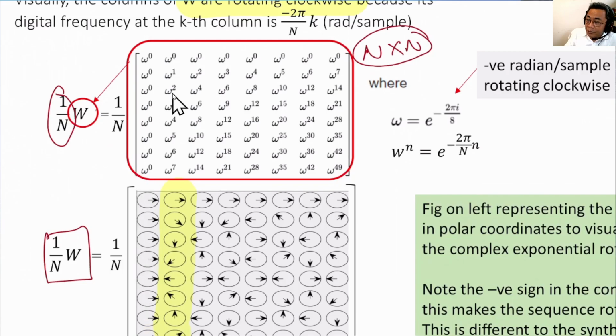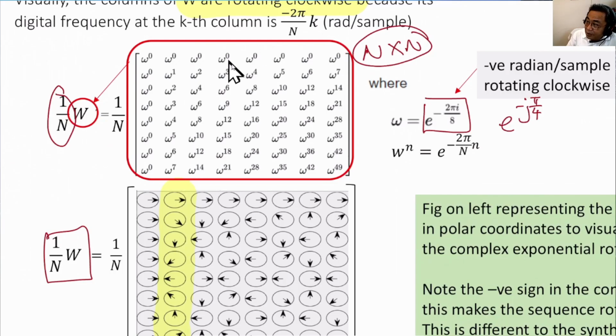W0, W1, W2, it is changing by where this W is this complex exponential here, and in this example you see that it is rotating by pi over 4, and because of this negative sign it is rotating clockwise. So W0 to W1 is rotating clockwise by 45 degrees. W1 to W2 is also rotating clockwise by 45 degrees.